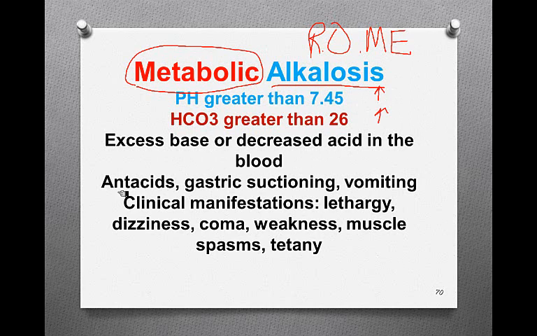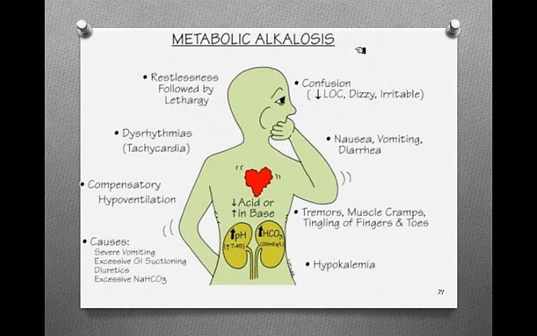It can be caused from overuse of antacids, too much gastric suctioning, vomiting. You get the manifestations of lethargy, dizziness, coma, weakness, muscle spasms, and tetany. Remember, in metabolic alkalosis, the kidneys are not able to compensate. So what's going to compensate? Your lungs. So you're going to have hypoventilation.